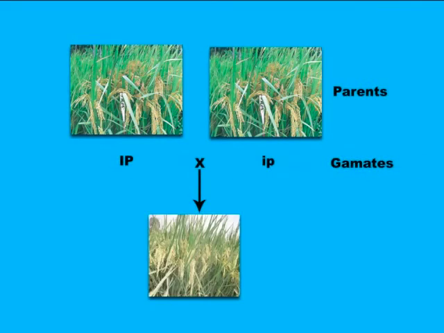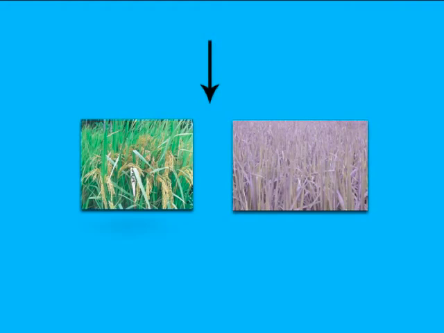When two homozygous plants having green leaves are crossed, they produce hybrid green in F1 generation. But when F1 hybrids are self-pollinated, they produce green and purple-leaved plants in the ratio of 13:3 in the F2 generation.